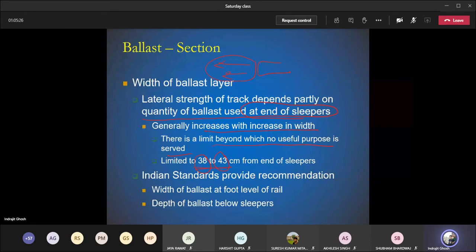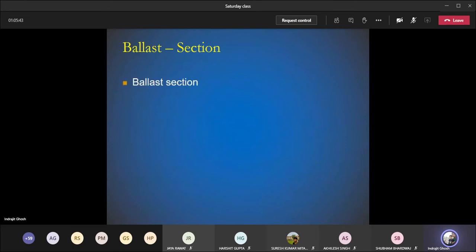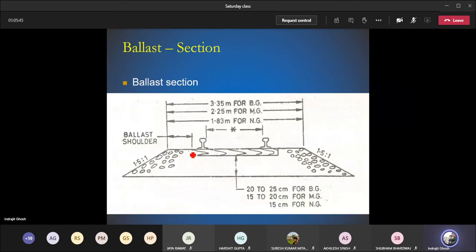Okay, now Indian Railway says that we need to talk about the width of the ballast and the depth of the ballast, but the width of the ballast should be defined at the foot level of the rail. Okay, let me go to the next photo. So you have a ballast layer like this. You know that there is a slope associated with it, 1.5 to 1.